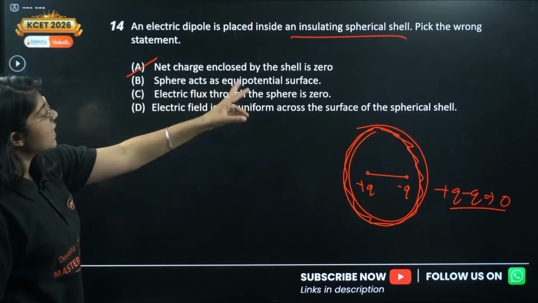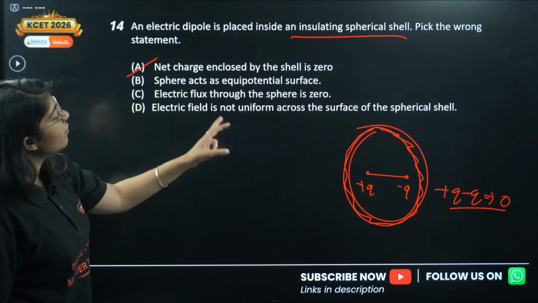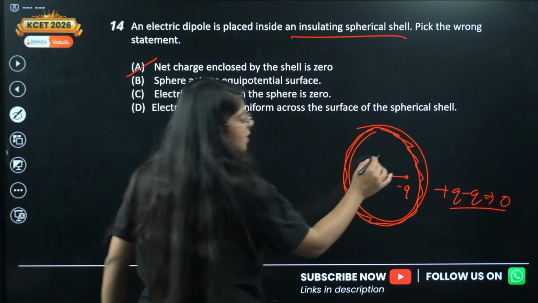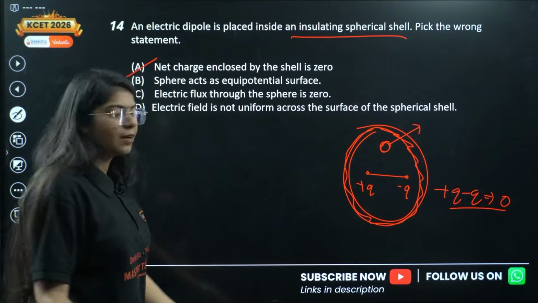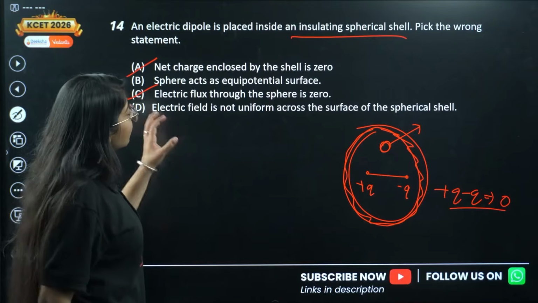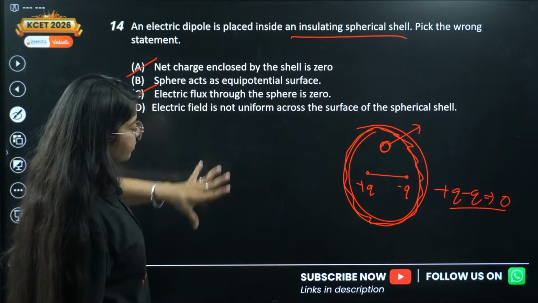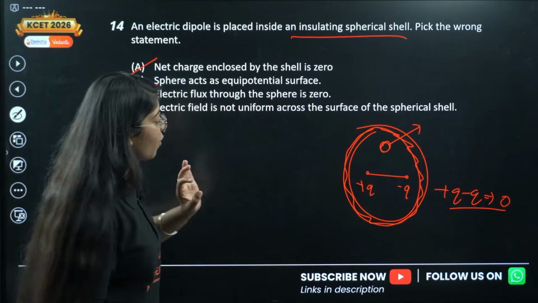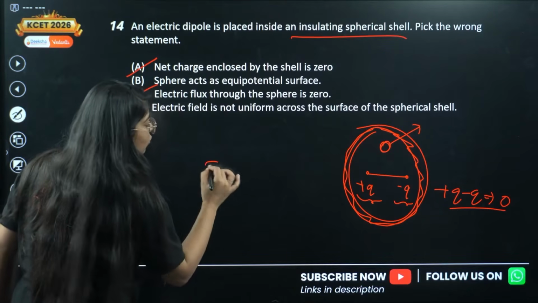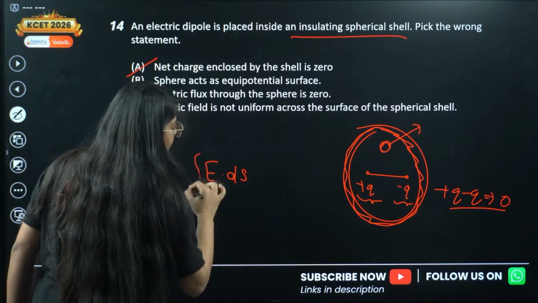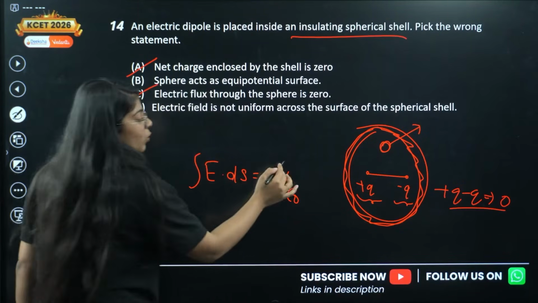Then, sphere acts as an equipotential surface. Okay, let's see. The next point is electric flux through the sphere is 0. Now, if the charge inside is 0, electric flux will also be 0. Basic. This is also true. Electric field is not uniform across the surface of the spherical shell. Now, according to Gauss law, E dot ds equals q enclosed by epsilon naught, but q enclosed is 0.